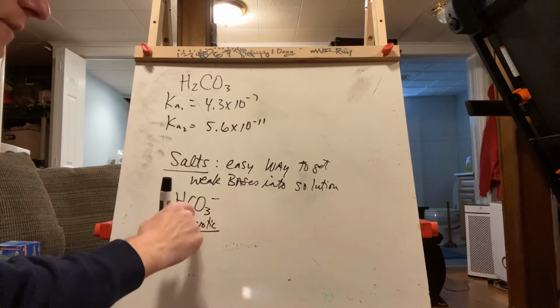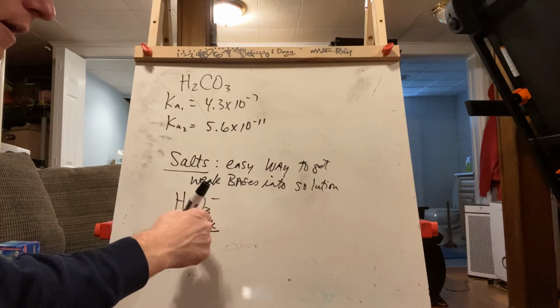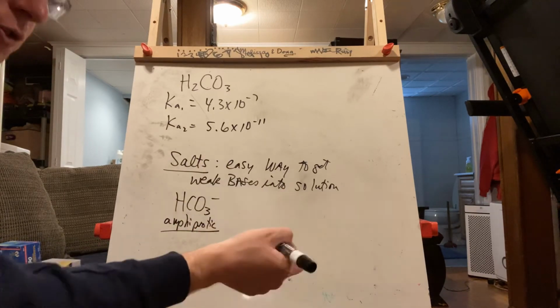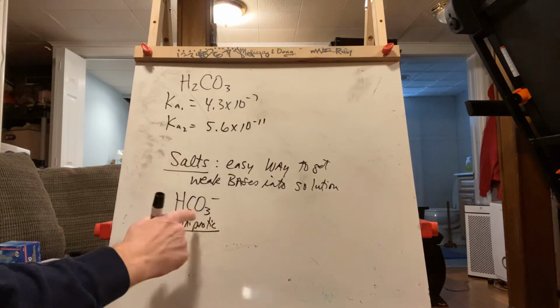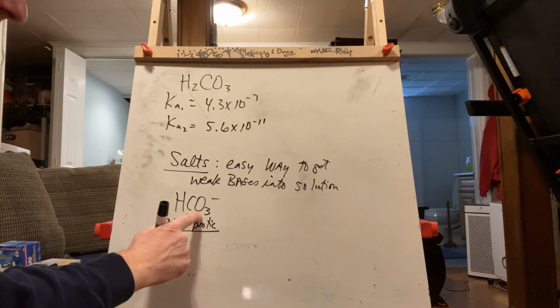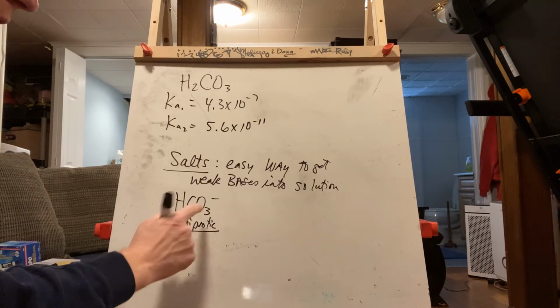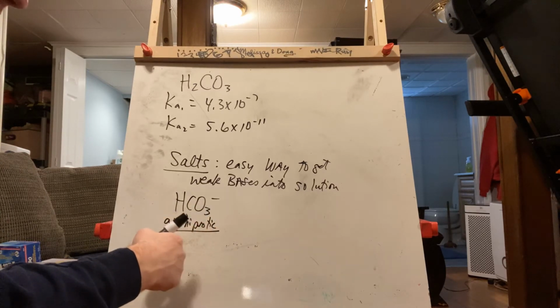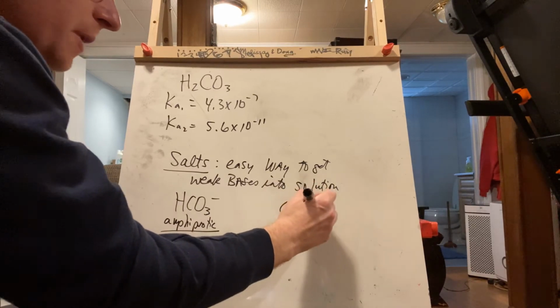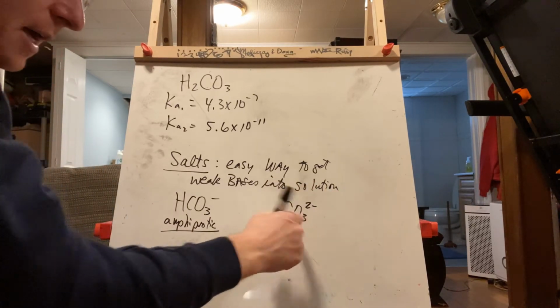So if I said, well, I want to see the pH, or how do I know the Kb of this ion if I'm not given it? Or how would I know the Kb of CO3 2 minus, which is not amphiprotic?